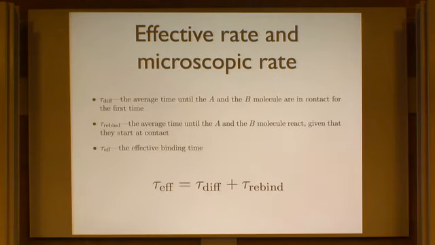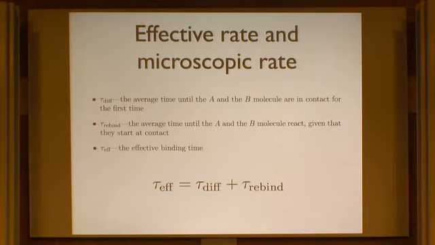This is pretty standard, well known, of course. The setup is as follows. We've got one molecule fixed at the origin, for instance, and then we consider the relative motion. So let's say that A is fixed at the origin, B is uniformly distributed, and then tau diff is the average time until these two molecules are in contact for the first time.